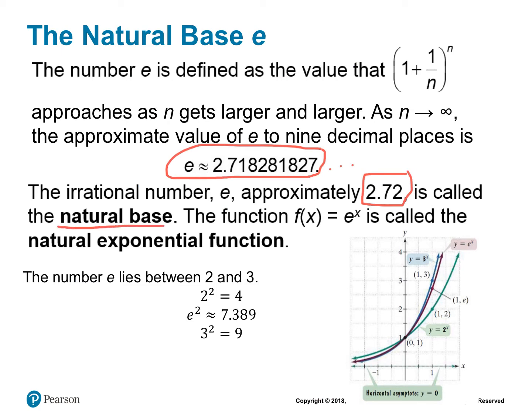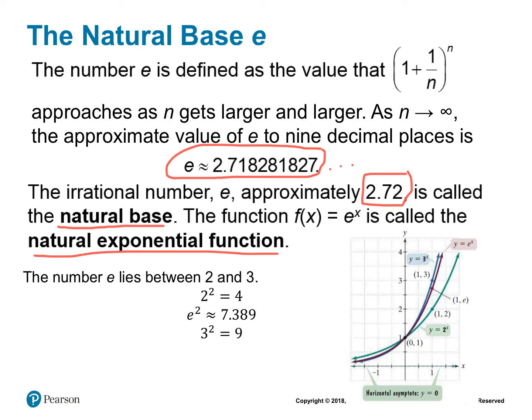The function f of x equals e to the x is called the natural exponential function. And we're going to see that the number e lies between 2 and 3 because we said it's 2.72. So then if you do 2 squared, you get 4. They found the e squared. You could plug this in your calculator. You should have an e button on your calculator you could play around with.